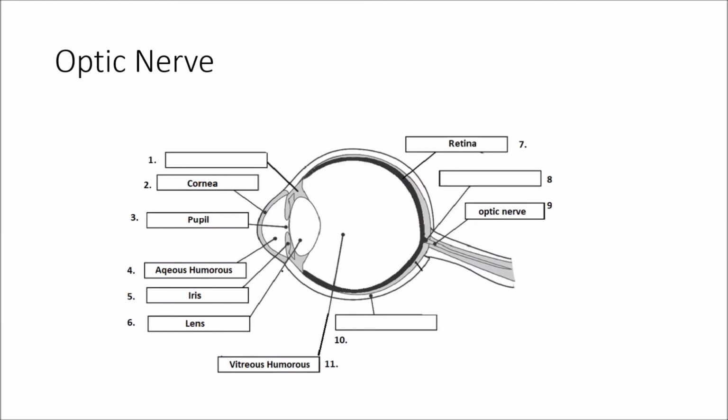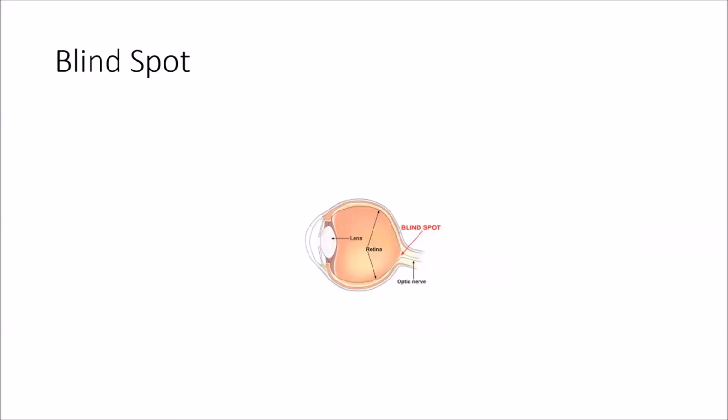Okay, so that covers basically the majority of the different parts of our eye. But now I'll talk about some other important features of the eye as well. So the first one we're going to talk about is called a blind spot.